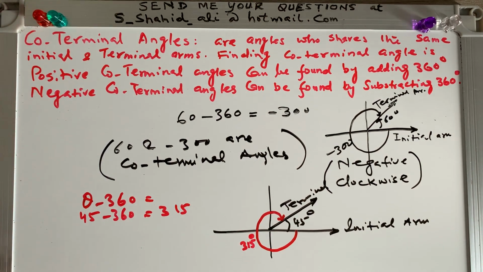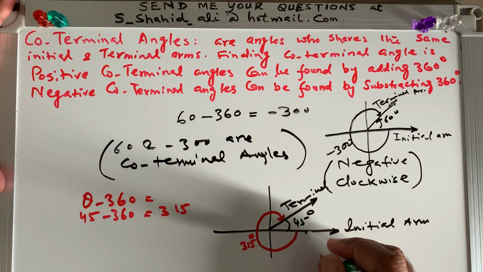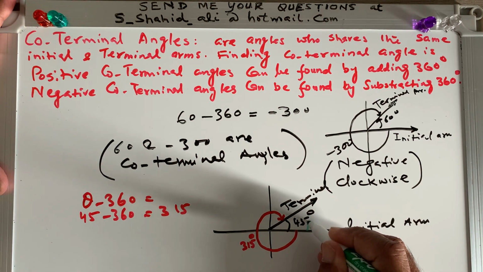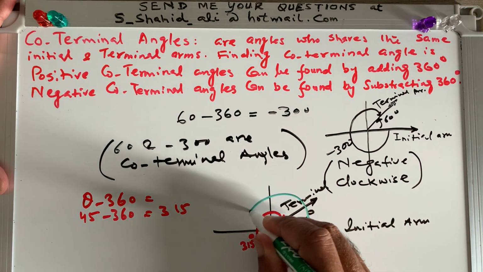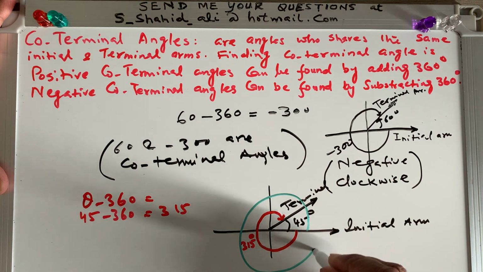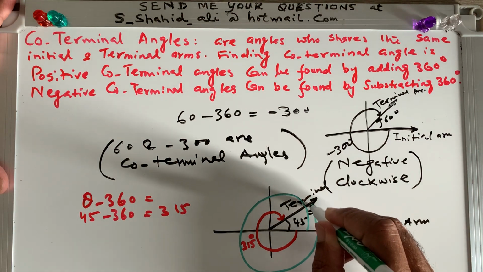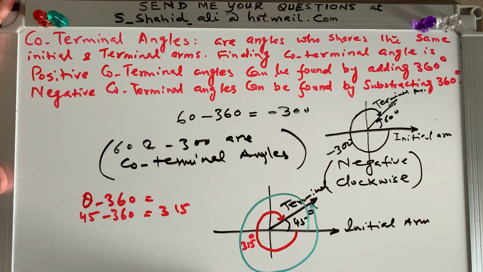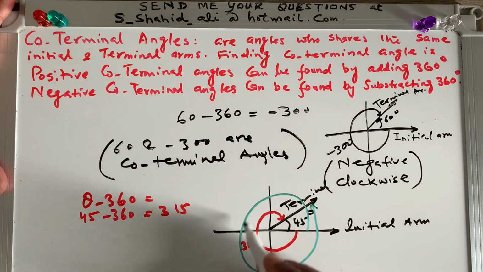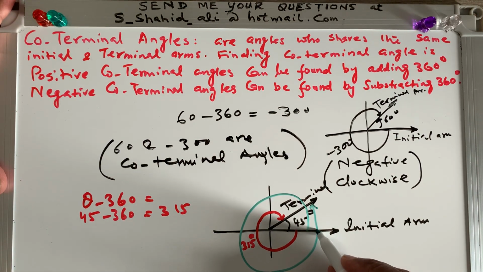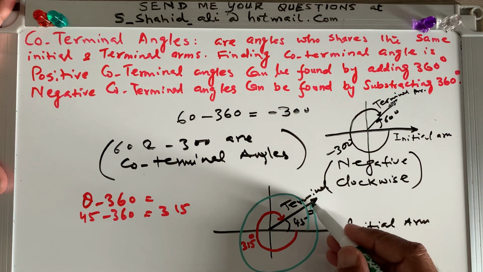Now I have to make a positive coterminal angle. So I will take maybe a green marker and I will show you. This time I have to move counterclockwise for positivity, right? So I move all the way here. How much do I move? I move a complete circle, that is 360, and then I add that up.